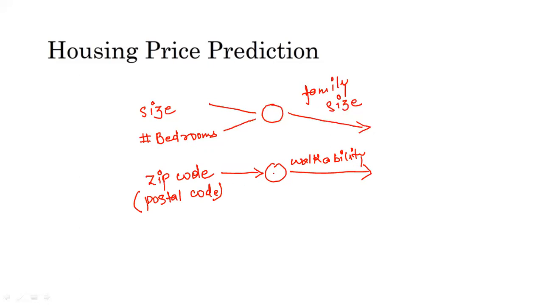This zip code represents the walkability. Now we have another input feature, that is the wealth. This feature is basically the wealth of the people living in that locality.